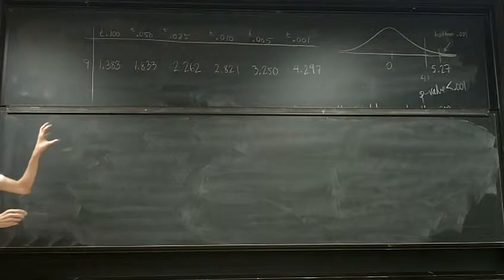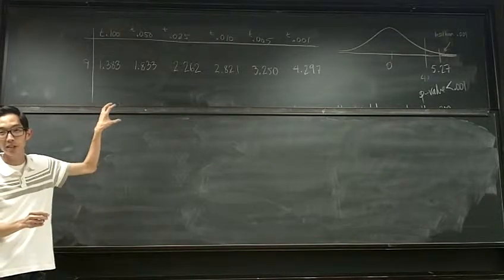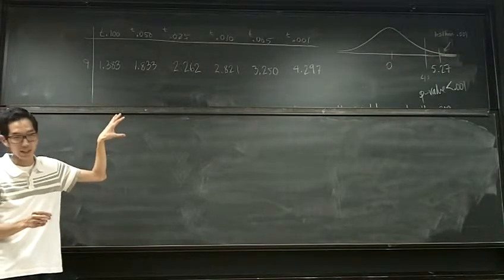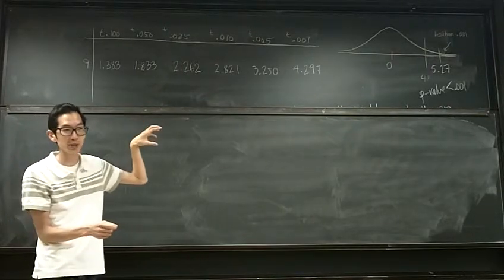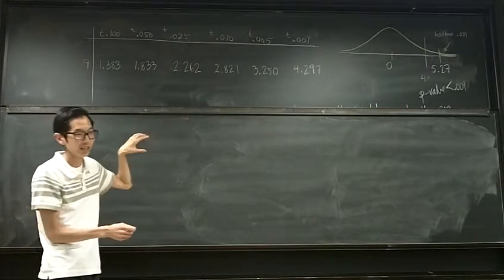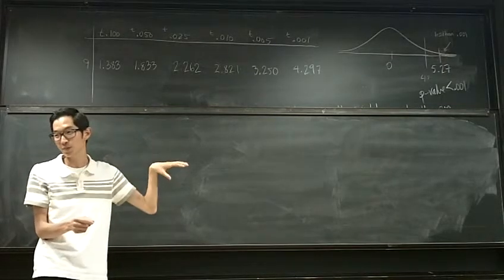That was when we're dealing with one sample. Then we had confidence intervals for one sample and proportion tests for one sample, and then proportion tests for two samples.